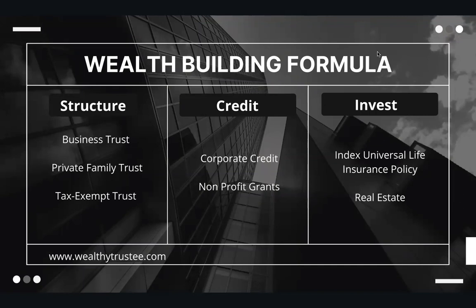And that was possible because you decided to tap into corporate credit for the trust and put the trust in position to make its own money, to generate its own wealth for your heirs. So that's the position that you need to put yourself in. It's extremely powerful, and it's really important, okay?